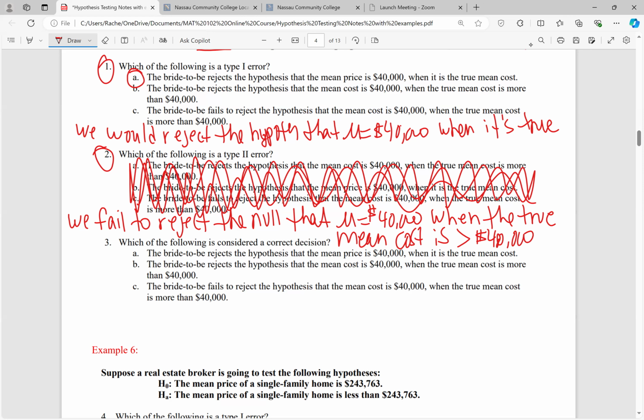So we would fail to reject the null that the mean is equal to 40,000 when the true mean cost really is greater than 40,000 because the null is false, but we're failing to reject it.